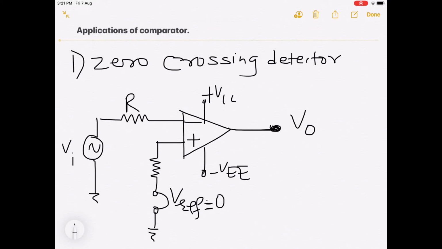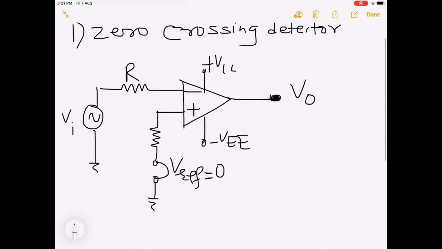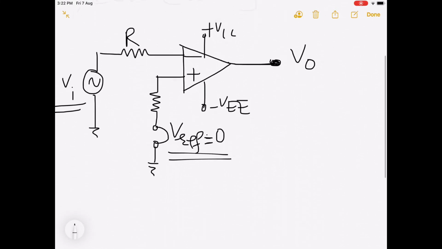The reference voltage input Vref is set to 0 and sinusoidal input Vi is applied at negative terminal, that means inverting terminal. The output waveform VO switches between positive and negative saturation levels as shown in the figure.